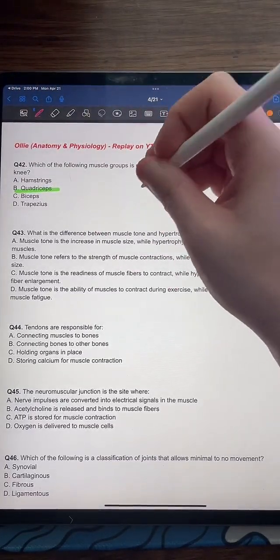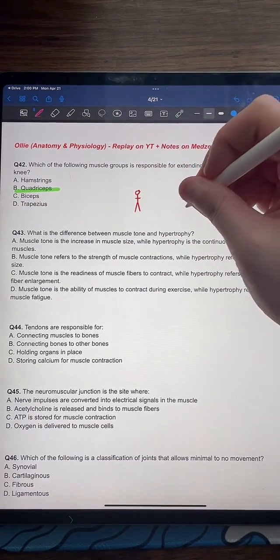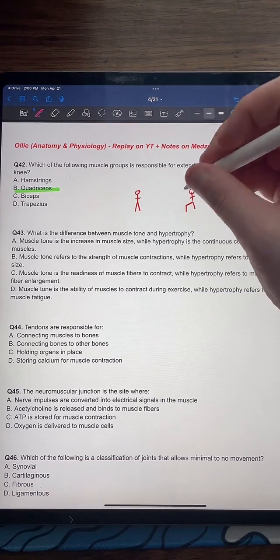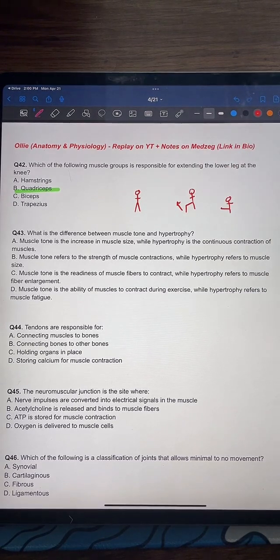So if we extend, let's think of our person here, if we have our knee, and we extend that, so we look like this, kind of like a karate kick, there's going to be the quadriceps. Those are the muscles at the front of the thigh that are responsible for extending the lower leg at the knee.